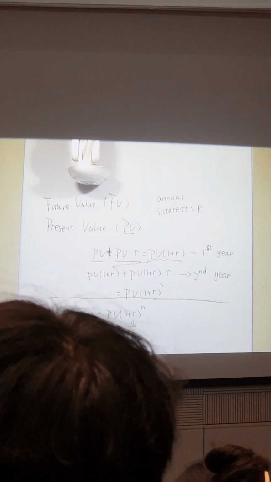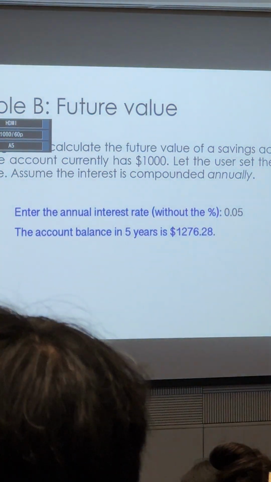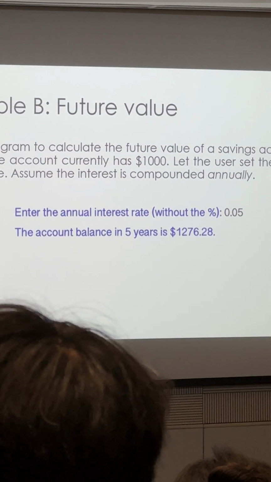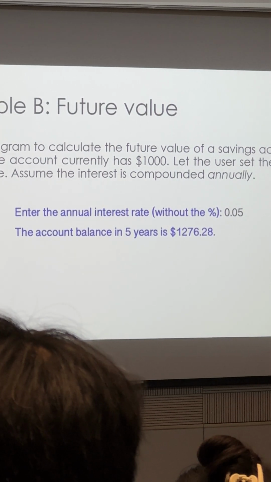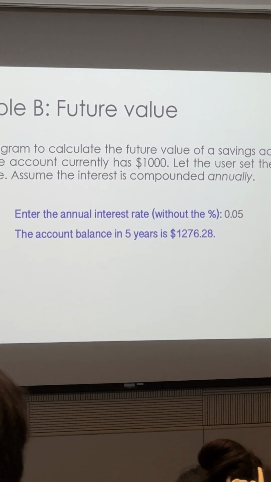Okay? So 1,000 is PV, and I want you guys to calculate FV. You may have 5 minutes to finish this example.